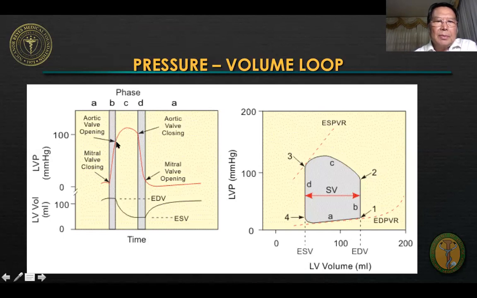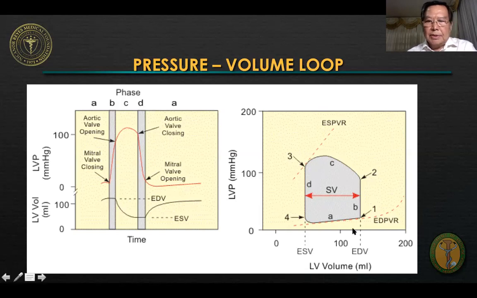The aortic valve opens in this part of the cardiac cycle, the aortic valve closure on that part, and the mitral valve opening on this part of the cardiac cycle. Again, if you correlate the volume inside the left ventricle, as blood gets ejected from the left ventricle into the aorta, you would note that there is a significant drop in your LV volume during systole, only for it to fill again during diastole.